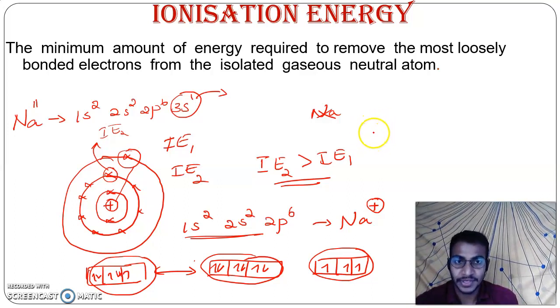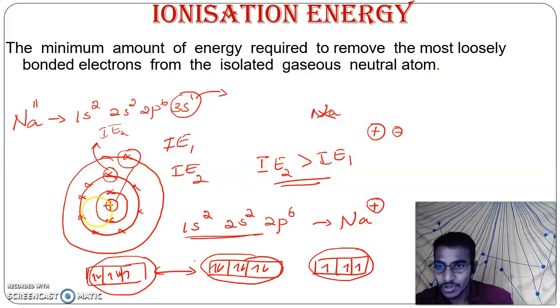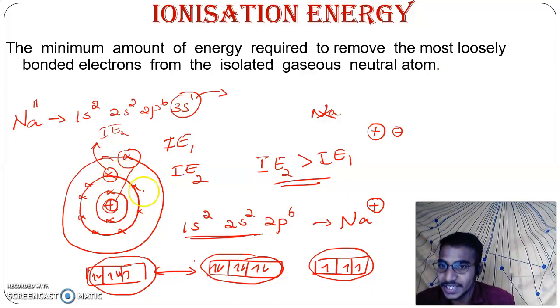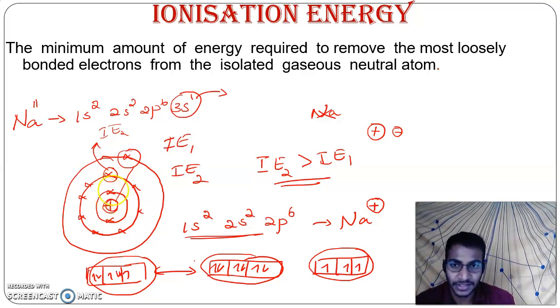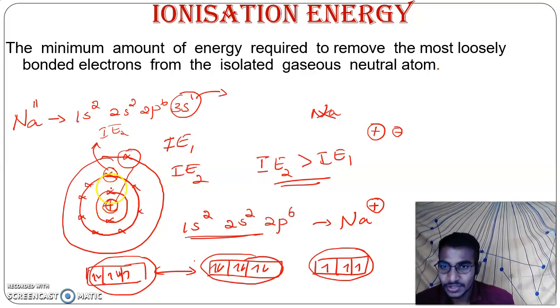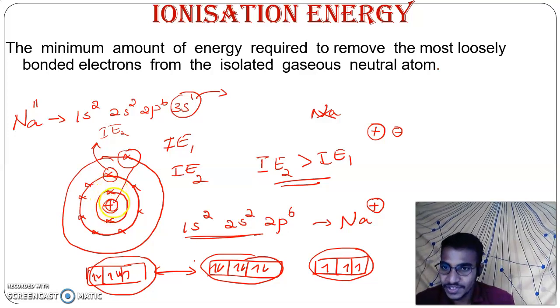The attraction will be more when the positive and negative charges are present. The nucleus is positively charged and electrons are negatively charged. When the nucleus and electrons are very near, to remove that particular electron you require more ionization energy.